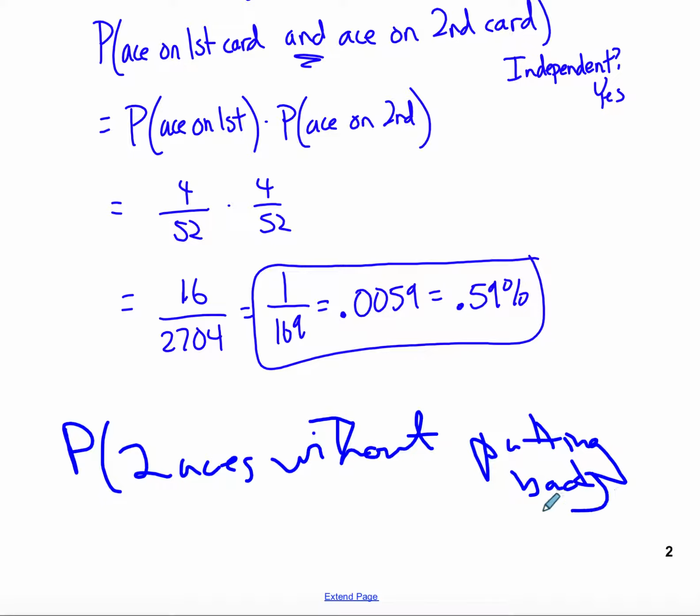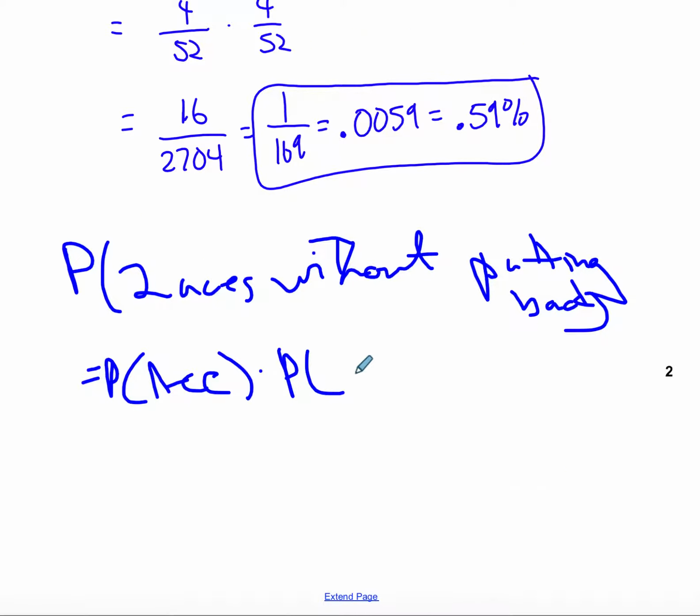Well, it's still the probability of an ace in the first, times the probability of an ace in the second, but because we now removed that card, that does change that probability. So the second one is going to be affected by what the first one was. So these are not independent events because I didn't put that card back.